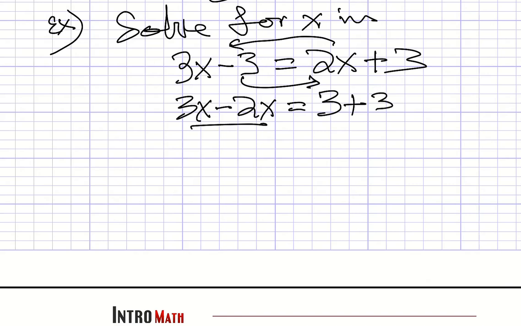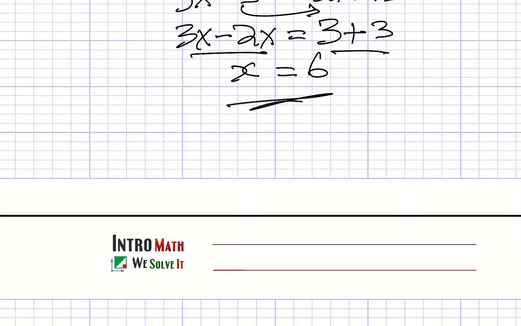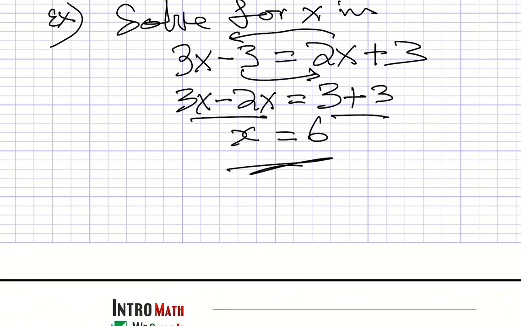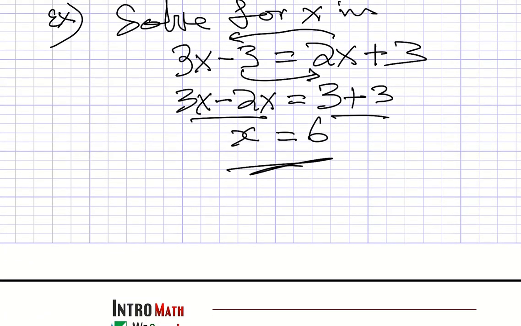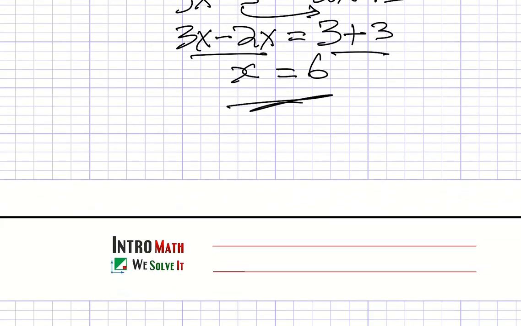So if you do that, it becomes x is equals to 6, right? I hope I'm not doing it too fast. But what you guys normally do, you subtract this, subtract that, add that. But anyway, so let me give you another example. Sorry if I'm going too fast.